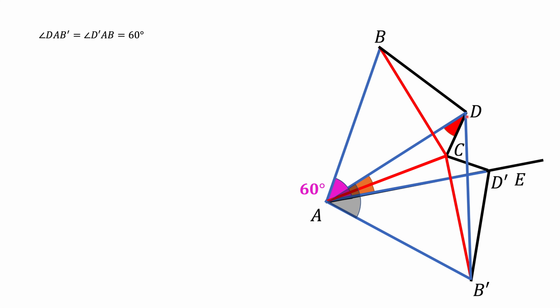But now notice the point D as a vertex of an isosceles triangle, ADB prime, and point C as a vertex of an isosceles triangle, ACB prime. C is lying at the same distance from point A and point B prime.